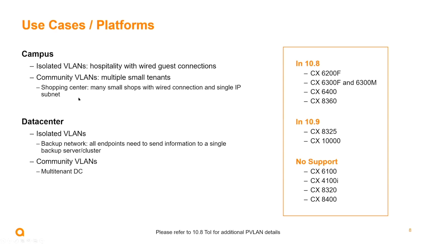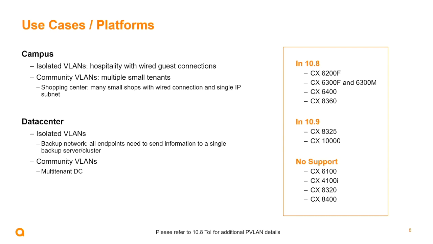When we're looking at community VLANs, those may be very similar, except these are oftentimes seen with multiple small tenants. Think of a shopping center where we've got many small shops with wired connections that need to have separation from the other shops.